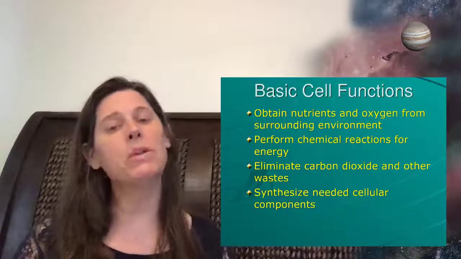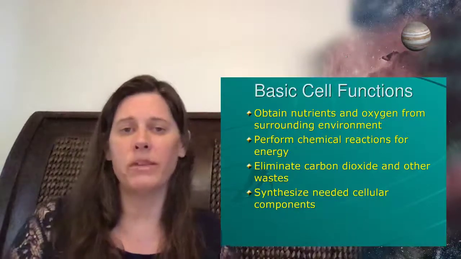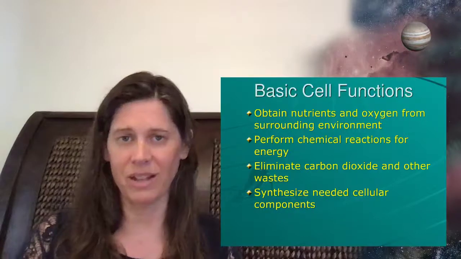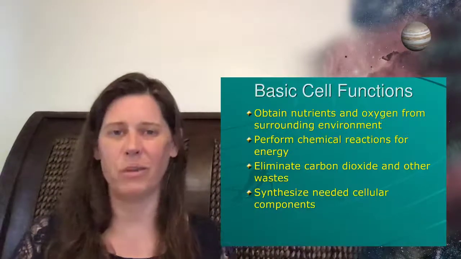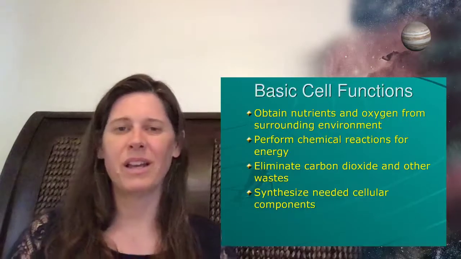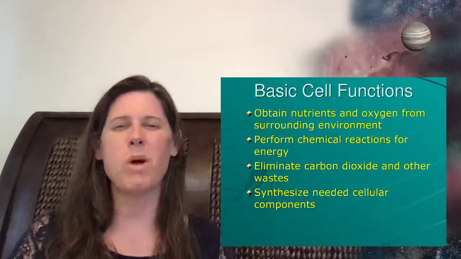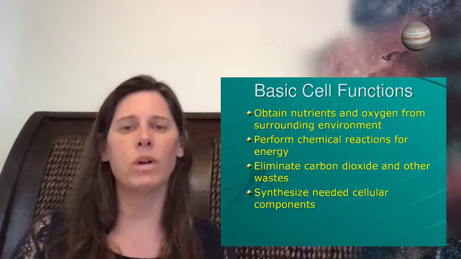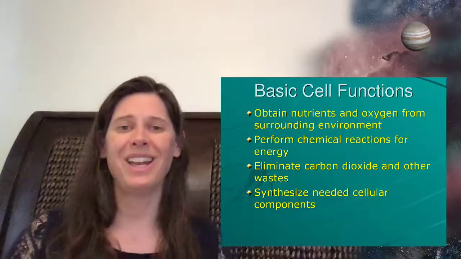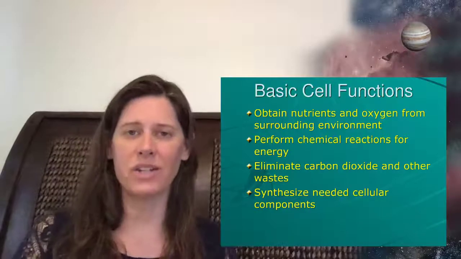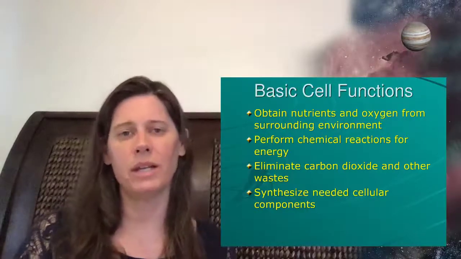We need to be able to get rid of that, because if carbon dioxide builds up in our cells, it becomes toxic. We're going to learn the actual chemical equation later in the semester, how that happens. Okay, and there are other waste products like ammonia and things like that. We need to get rid of that. That makes the environment in the cell toxic, and it would inhibit the chemical reactions it needs to do. So we need to get rid of it.